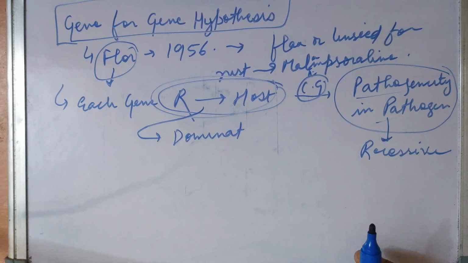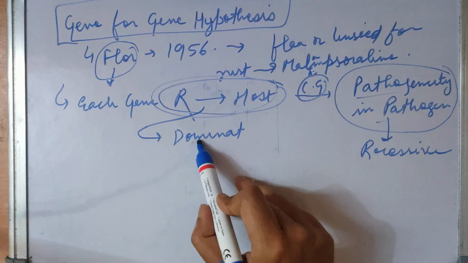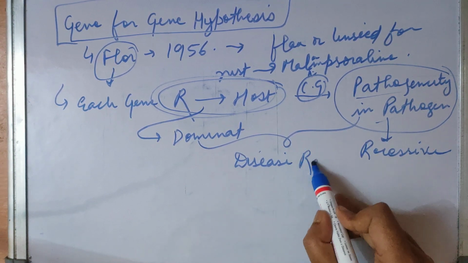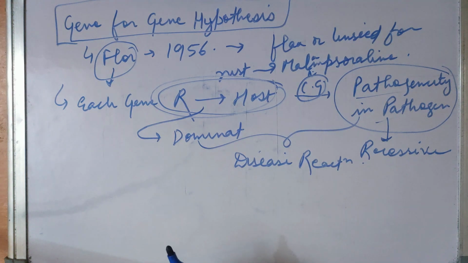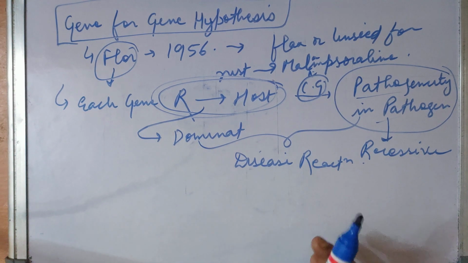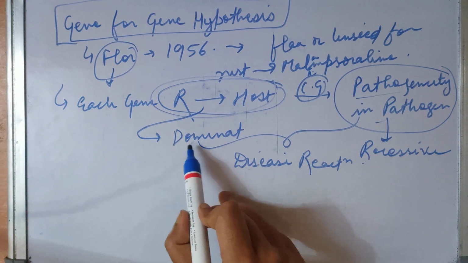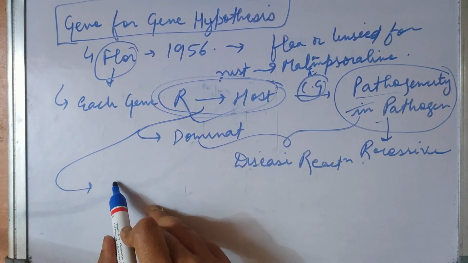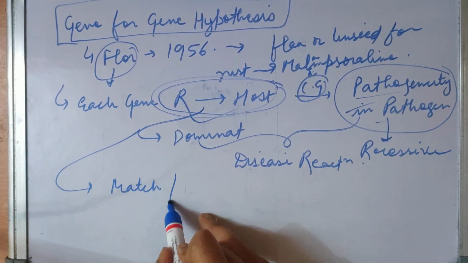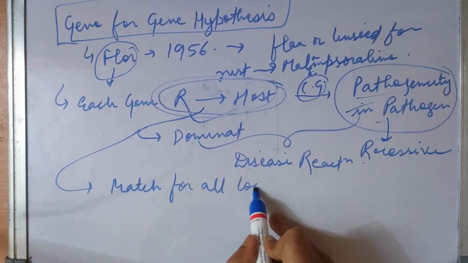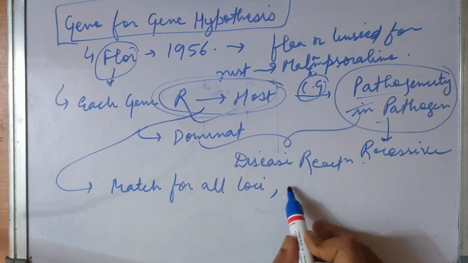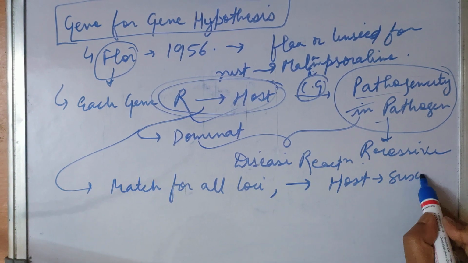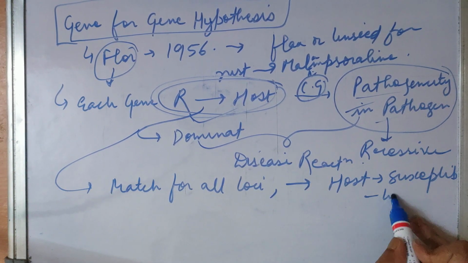The genotypes of host and pathogen together determine the disease reaction. When the genes in host and pathogen match for all loci, only then will the host show a susceptible reaction.